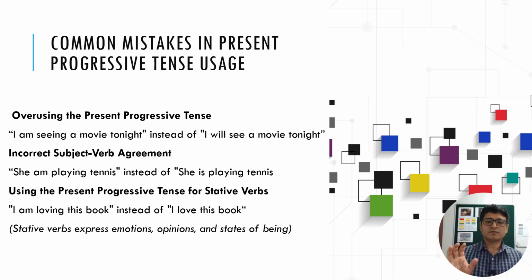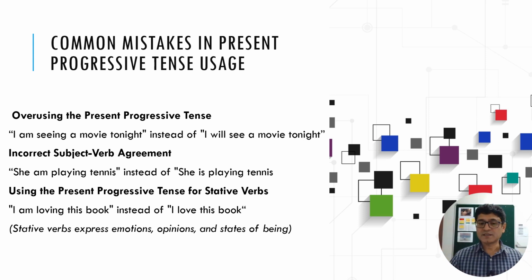One of the common mistakes is overusing the present progressive tense. Now let's look at these examples. I'm seeing a movie tonight, or I will see a movie tonight. Remember, both sentences are grammatically correct, but the important thing is to understand that they mean entirely different things. When you say I'm seeing a movie tonight, it means the plans have been made, arrangements have been made.